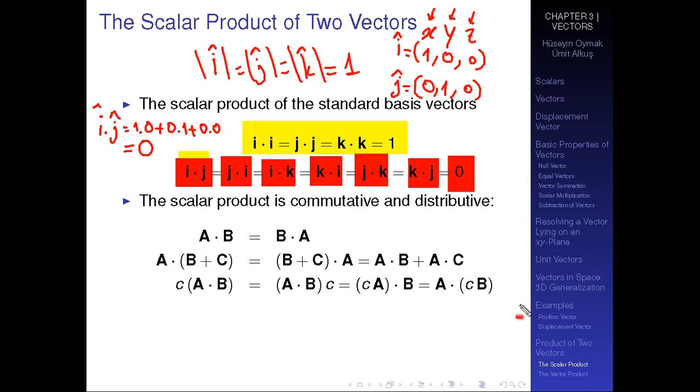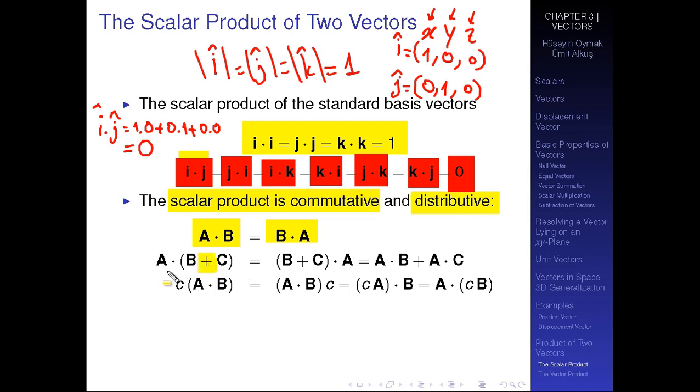Due to the fact that the scalar product of two vectors is nothing but a number, a dot b is equal to b dot a. The definition of scalar product of two vectors allows us to claim that scalar product is distributive over vector sum.